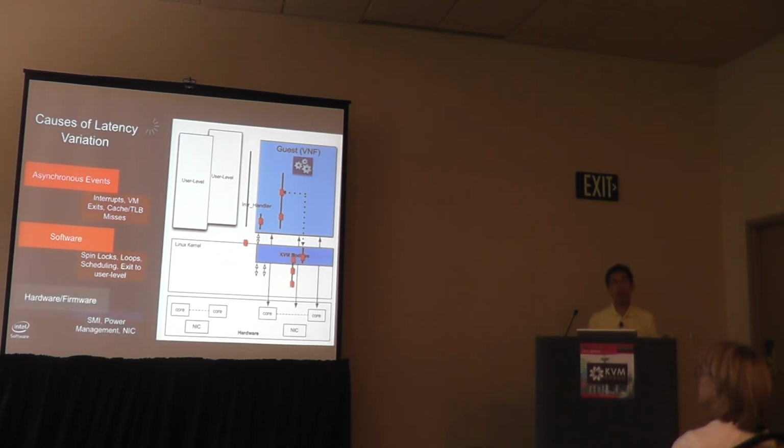The other thing is the hardware. Rick also talked about SMI. Oh, this is nasty, right? We really want to work with hardware vendors to make sure they can disable SMI for NFV purposes. And power management, like the CPU deep C state.